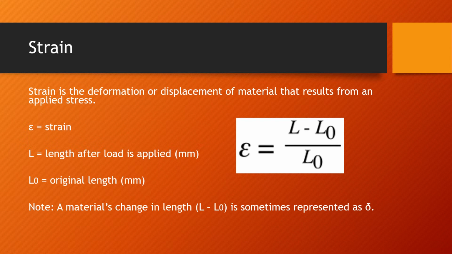Here epsilon is the strain, L is the length after the load is applied in millimeter, and L naught is the original length in millimeter. The change in the length divided by the original length is the strain. A material's change in length, L minus L naught, is sometimes represented as delta L, or simply by delta.